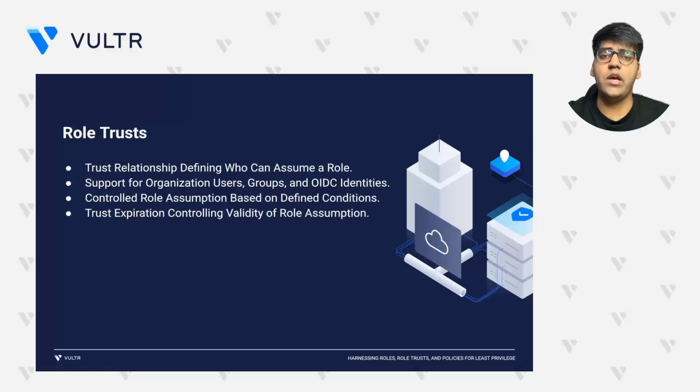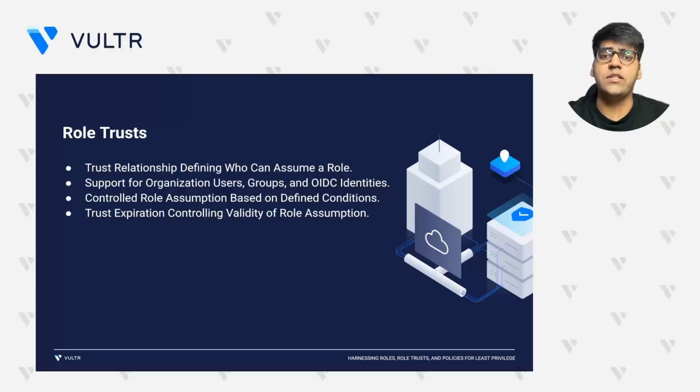In Vultr IAM, role trusts define who is allowed to assume an assumable role and under what conditions. This trust relationship can be set for specific users or groups within your organization, as well as external identities through OIDC, giving you flexibility in how access is delegated.